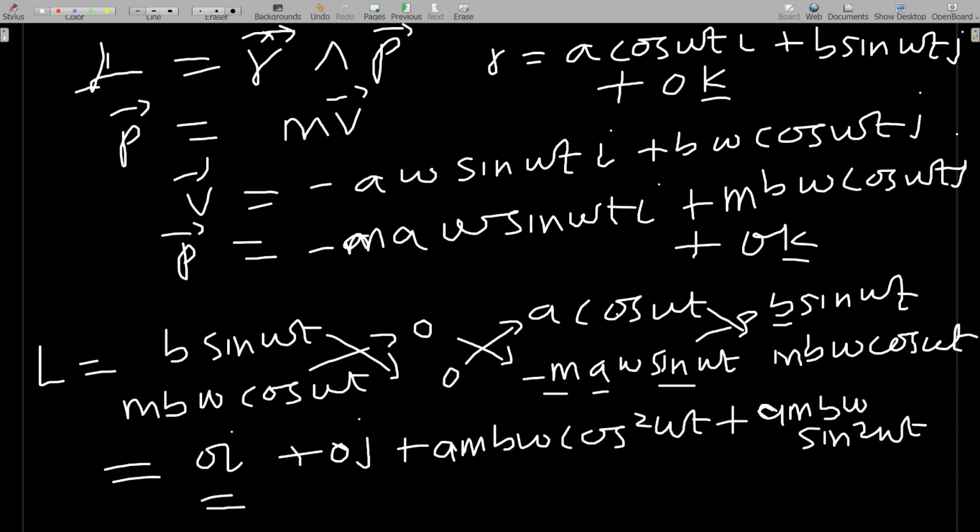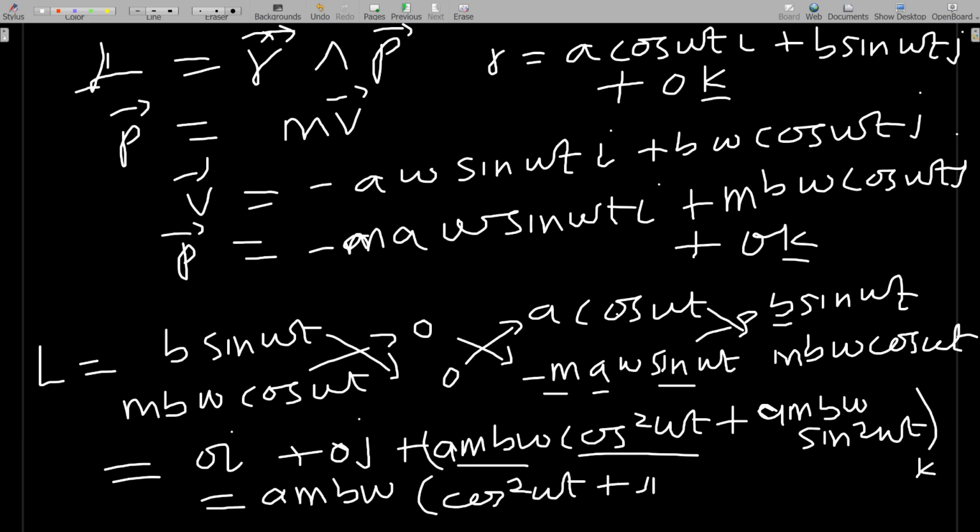Then that is in the direction of what? The K. So for the J and I, they are just 0. So I have a and b omega here. Then I factor that out, I'll get cos squared omega t plus sine squared omega t, and that will definitely give me 1.